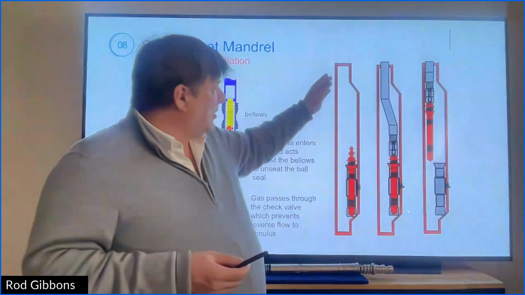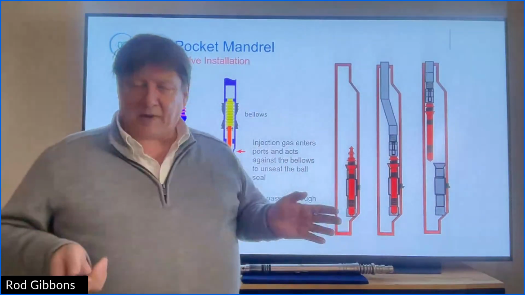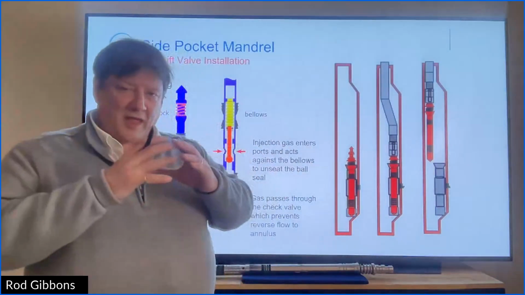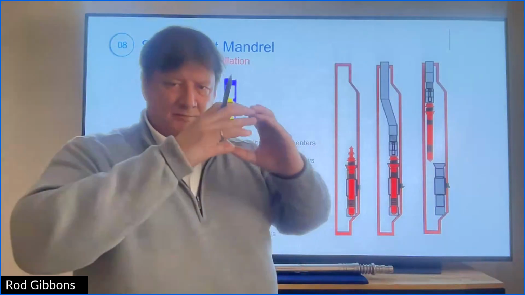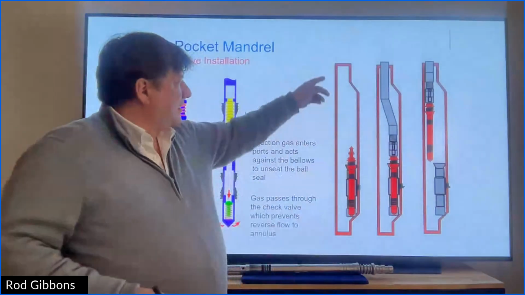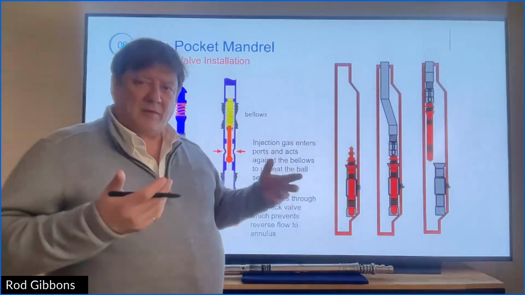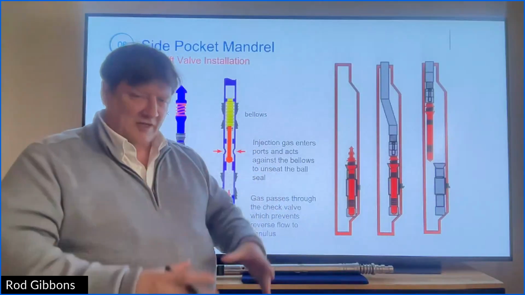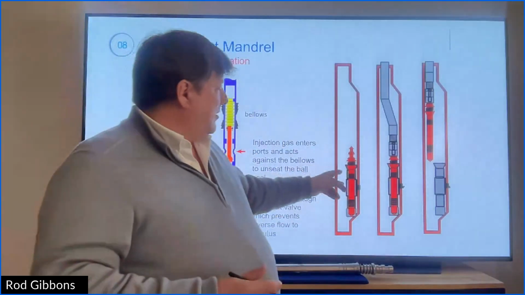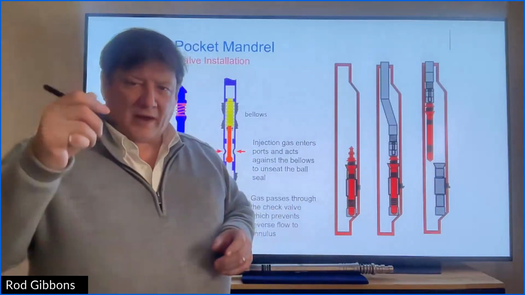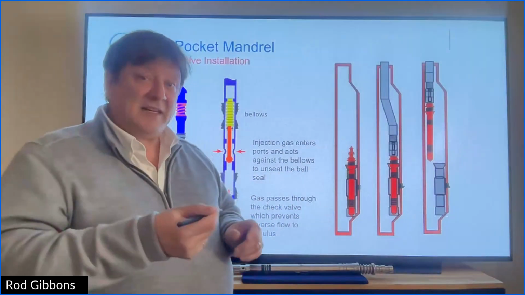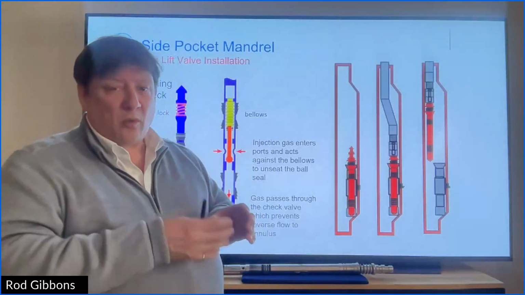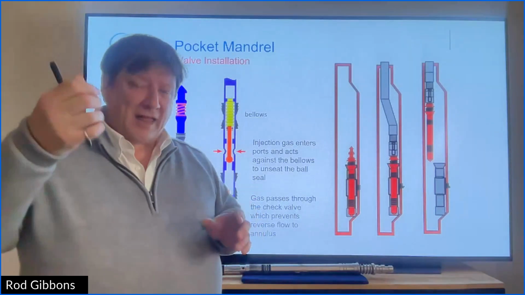And what a side pocket mandrel is: we normally have just round tubing going down our well. But now we've got a bit of an issue. We have round tubing and our round casing outside of it. Now I want a way to put gas into the tubing, but I don't want reservoir fluids going back into the annulus.